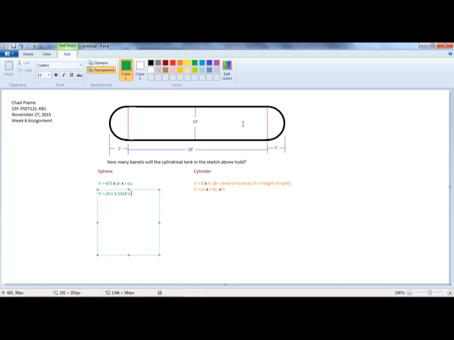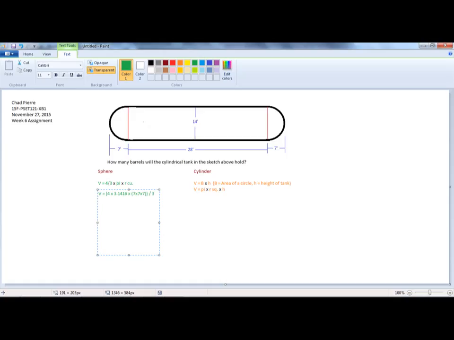From the center to the edge is 7 feet, so it'd be 7 cubed, which is 7 times 7 times 7. And then all of that is divided by 3. Basically we take the 4/3 and put the divided by 3 at the end and just plug in numbers.